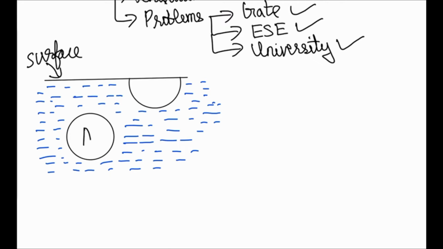Let us name this water molecule A and this water molecule B. Now we all know the cohesive force. In fluid mechanics we study two types of forces, that is cohesion and adhesion.